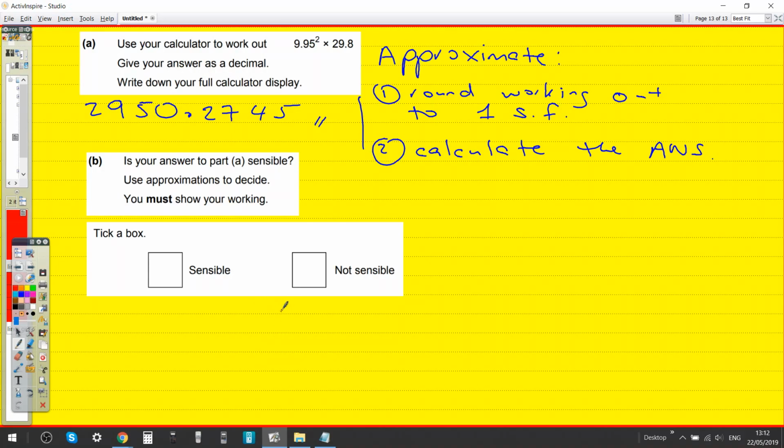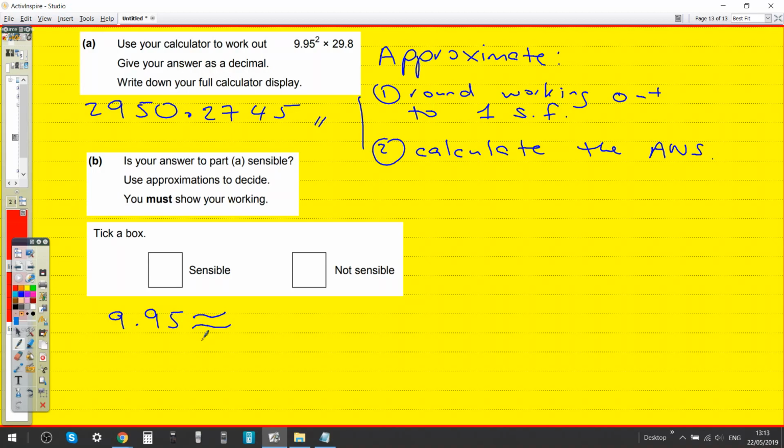So that's what you're approximating to one significant figure. Right, okay. So you write down 9.95 squared times, but you approximate it. So 9.95, round that to one significant figure.